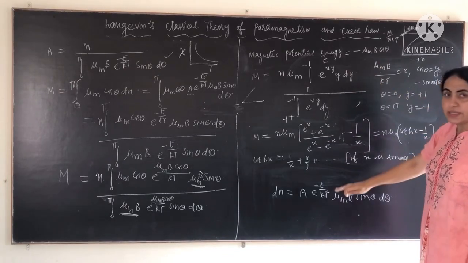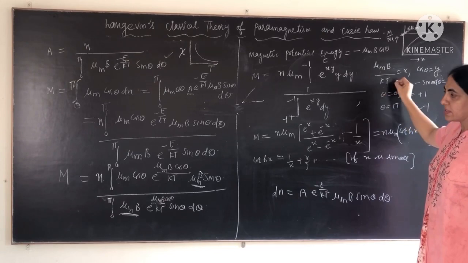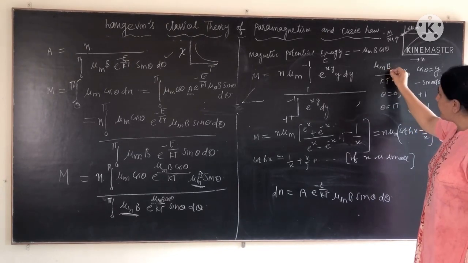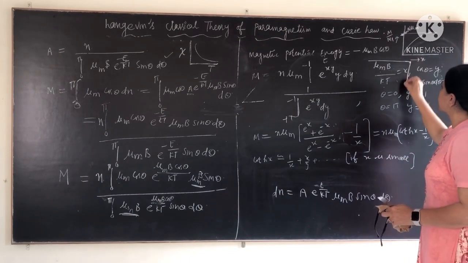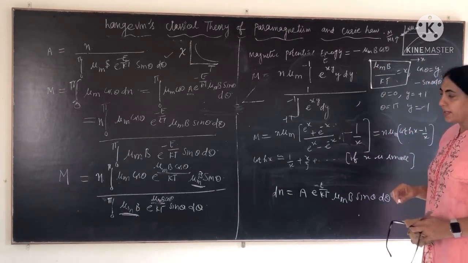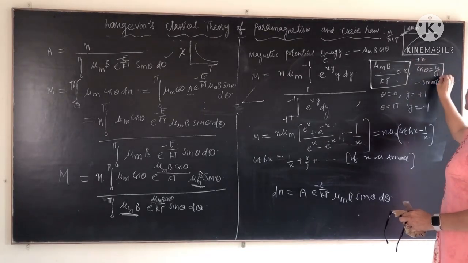Then put mu_m B upon kT equal to x. So put it as x. Clear? And put cos theta equal to y.